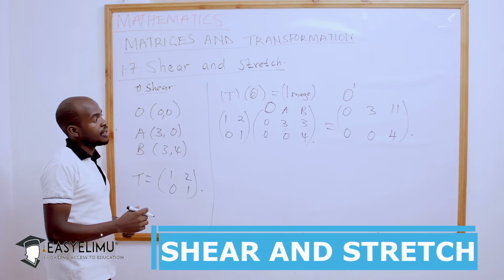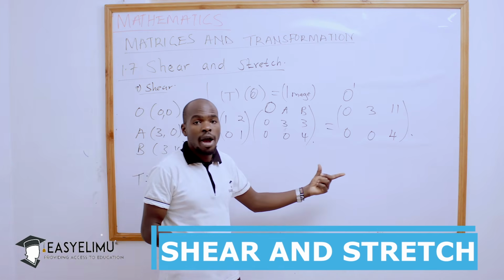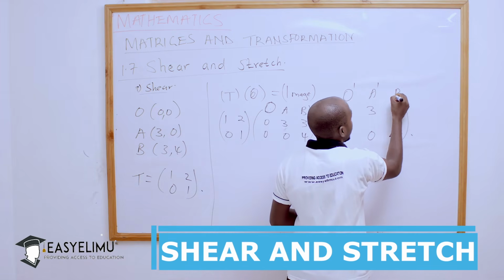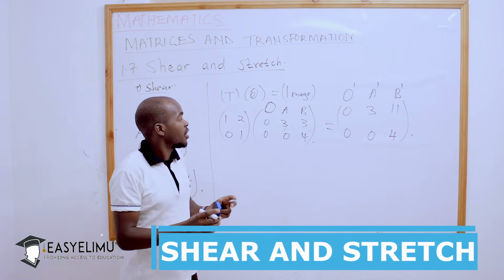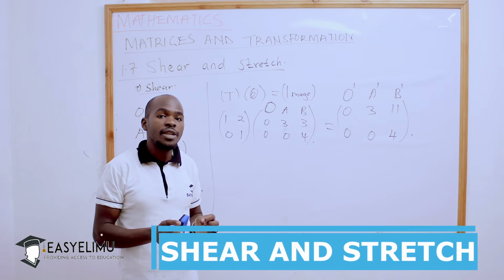Now we were given the object coordinates, and we have found the image of that object. So we can draw this triangle on a Cartesian plane and be able to describe its transform.